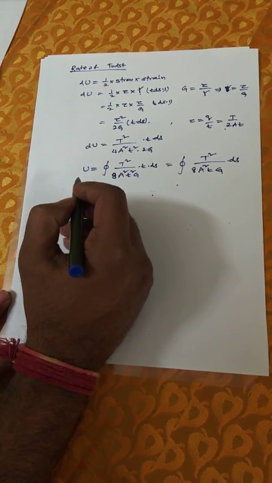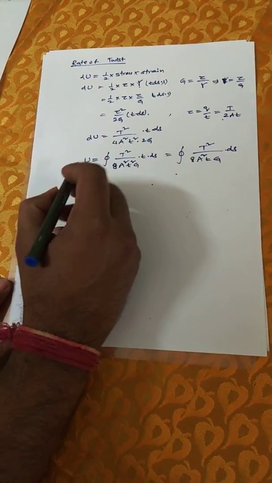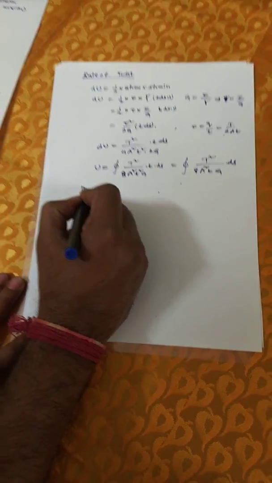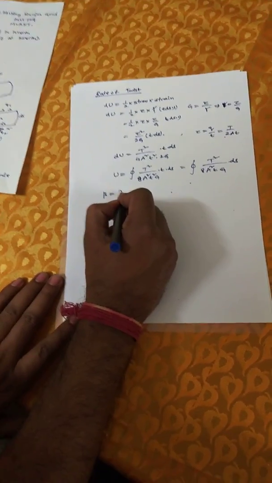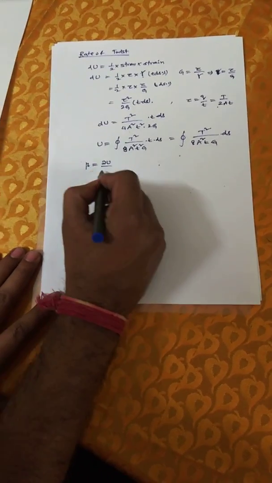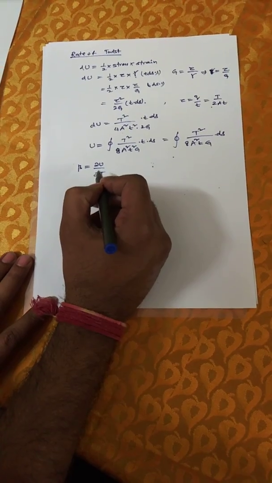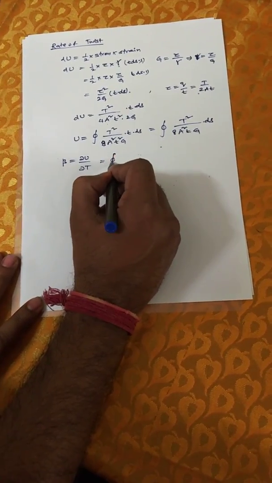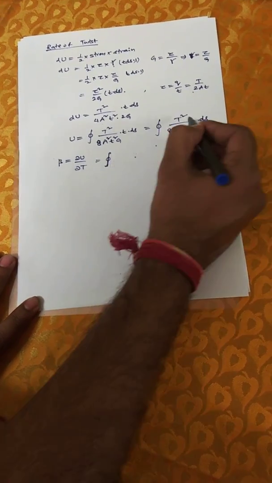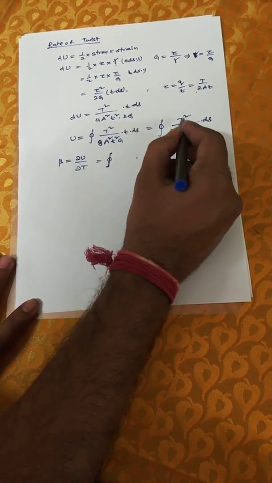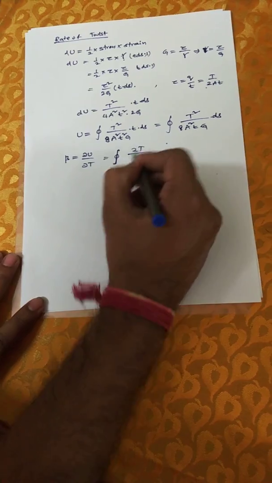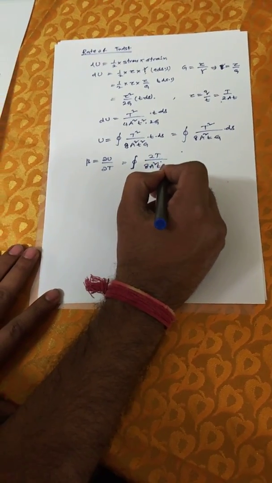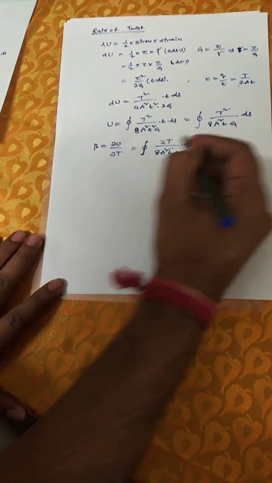And as we know from the concept of strain energy, the rate of twist is given by partial differentiation of this strain energy with respect to torque T. So therefore, keeping the same cyclic integral and differentiating the internal one, T square becomes 2T by 8A square G t into ds.